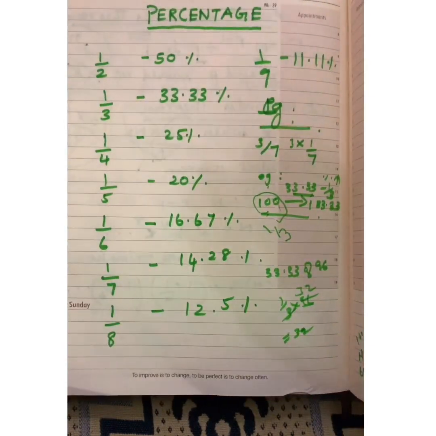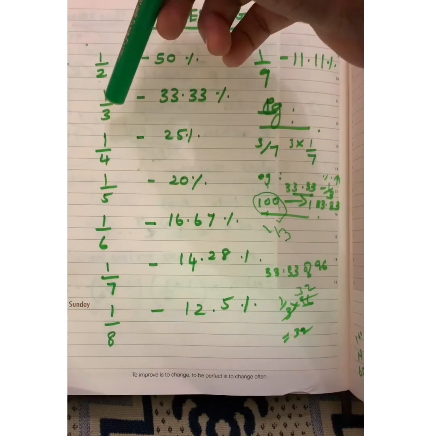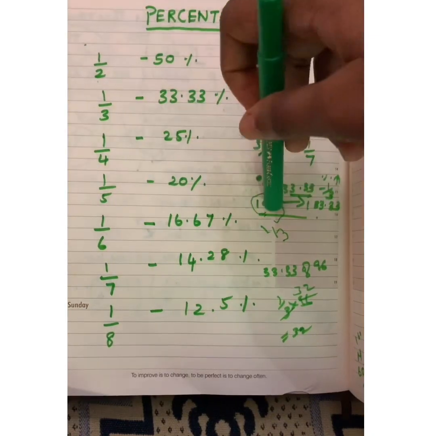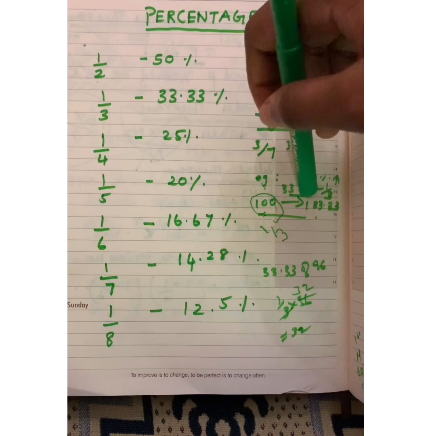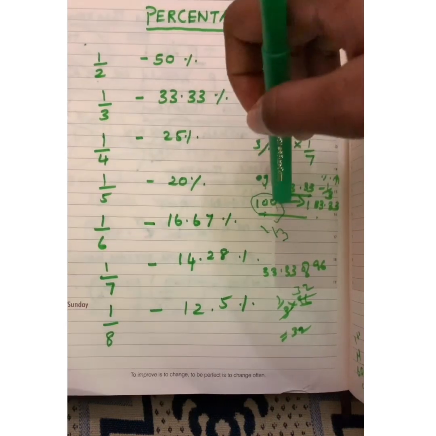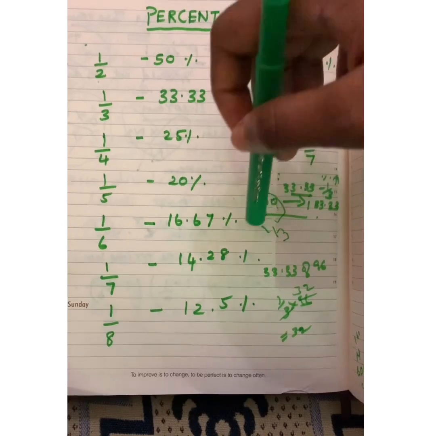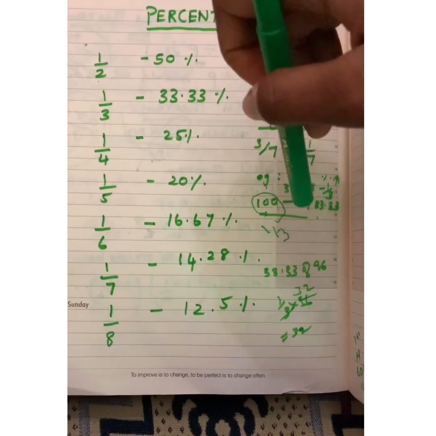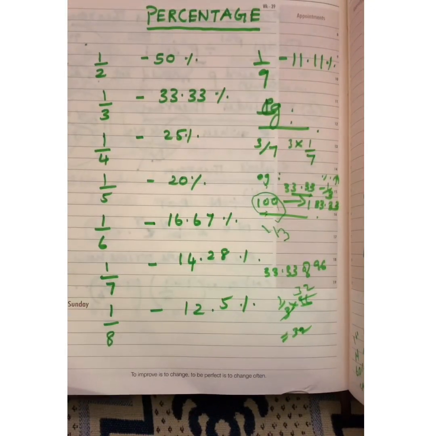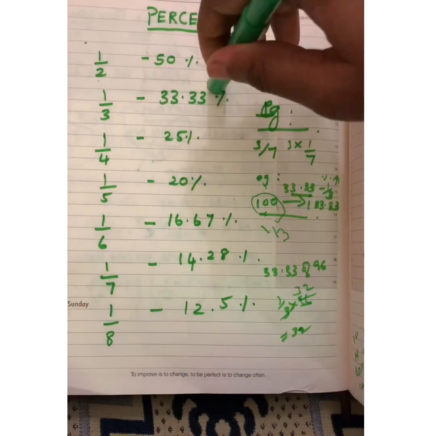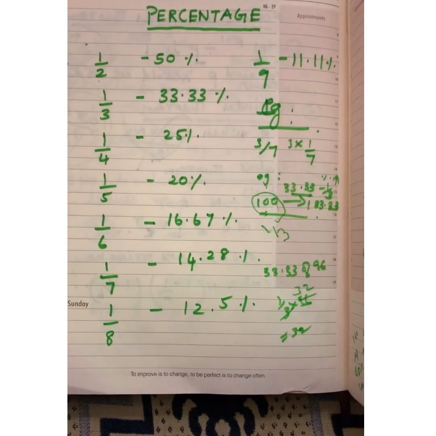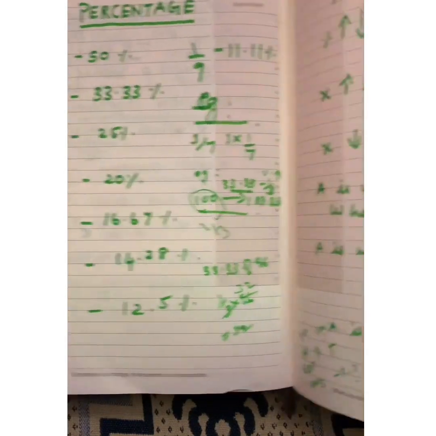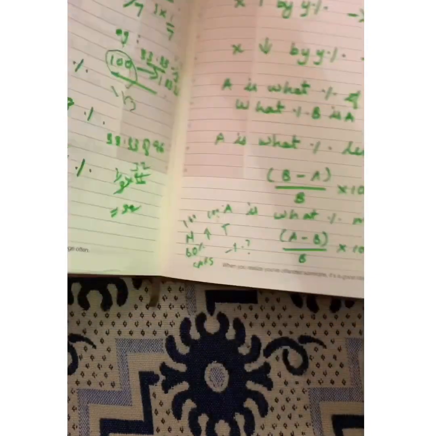That's why, when it is in fraction, the value for percentage is 33.33, and when you substitute 1 by 3 here, 100 increases by 33.33, and you will straight away get the value as 133.33, and the question becomes easy. When you know these fraction values to solve the percentage, it is very important to know them. Next thing I'm going to show is some basic formulas in the percentage.